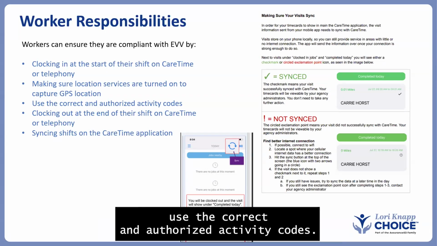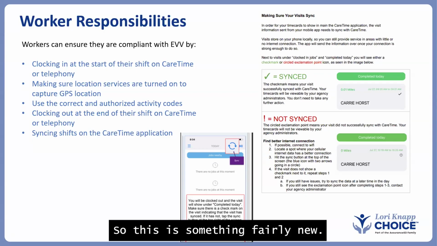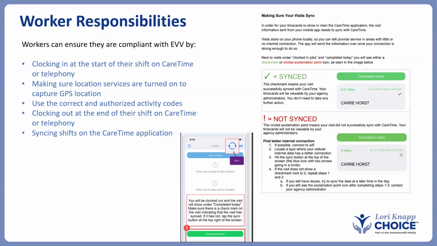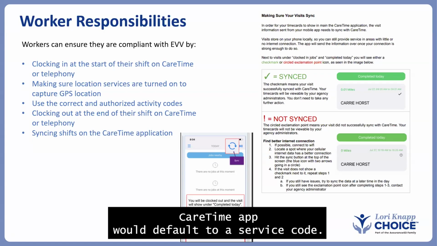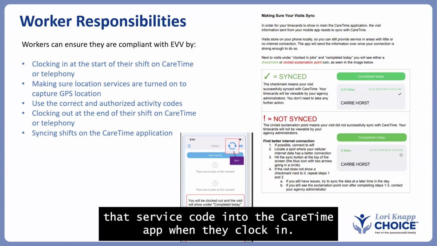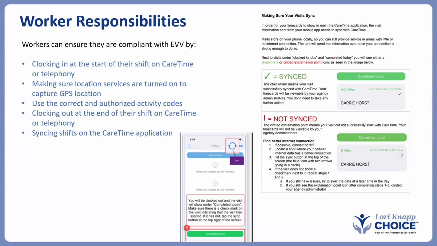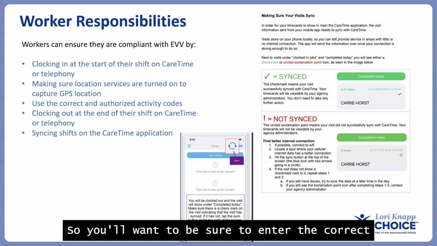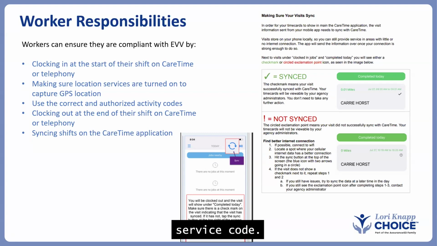Use the correct and authorized activity codes. So this is something fairly new. Originally, the Care Time app would default to a service code. Going forward, the worker will need to enter that service code into the Care Time app when they clock in. So you'll want to be sure to enter the correct service code.